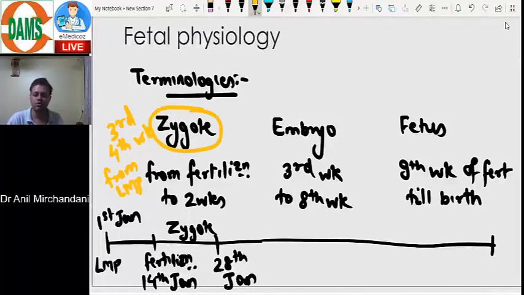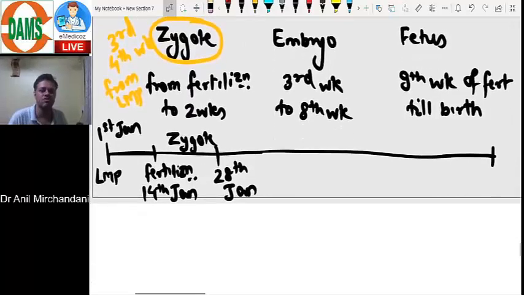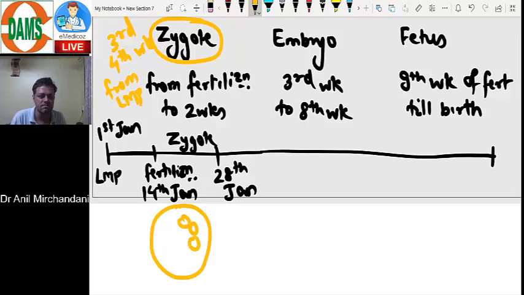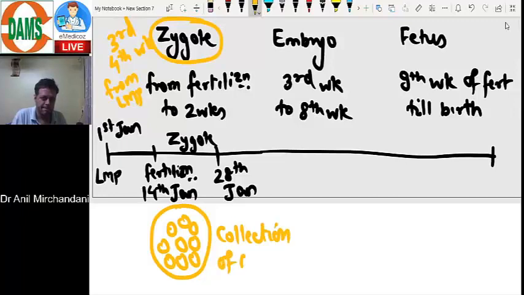Why are we using this terminology called zygote? Zygote means collection of cells. Morula is a zygote. Blastocyst is a zygote. Embryo means poles are formed.